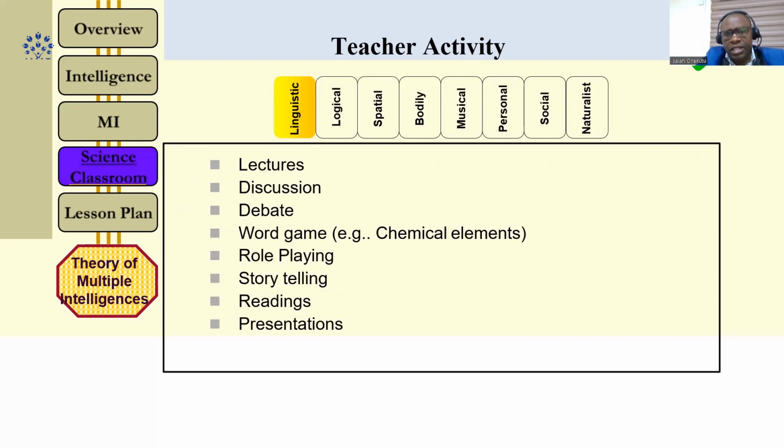Now, the linguistic, for instance. As a teacher, you could use the lecture method in your classroom, knowing that these children are word smart. When you talk, they listen and they can understand what you say. At the same time, with the same lesson, there could be a discussion forum.